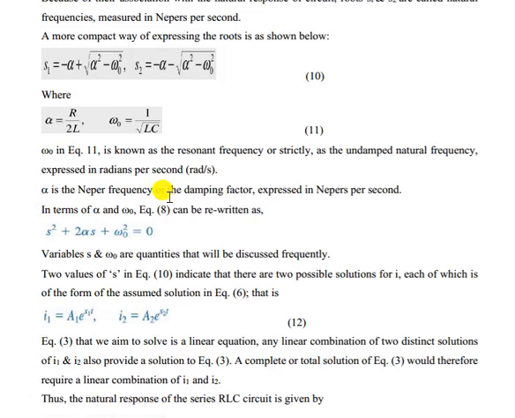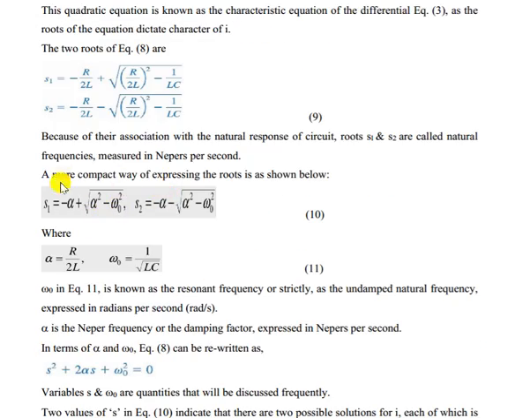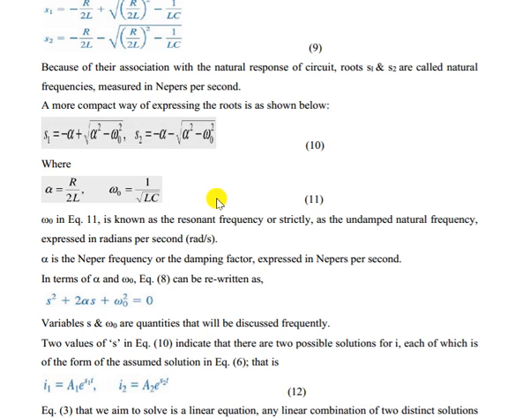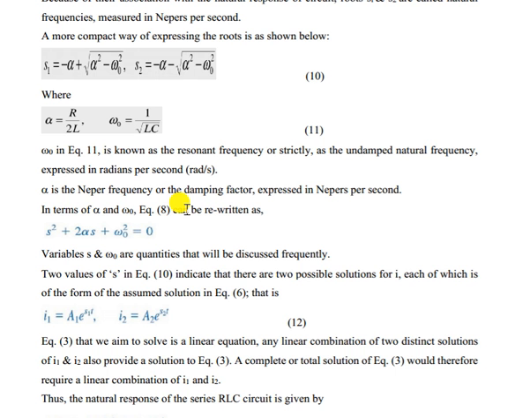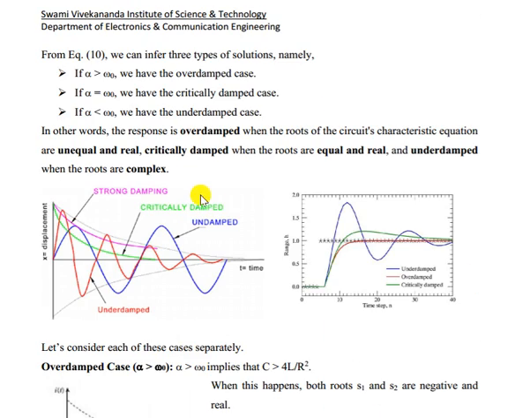When alpha is less than omega 0, the roots become complex, because this is minus here, so it will have root over minus some term. Root over minus 1 equal to j, that we know, so that becomes a complex number. In other words, when alpha is greater than omega 0, it is the overdamped case.